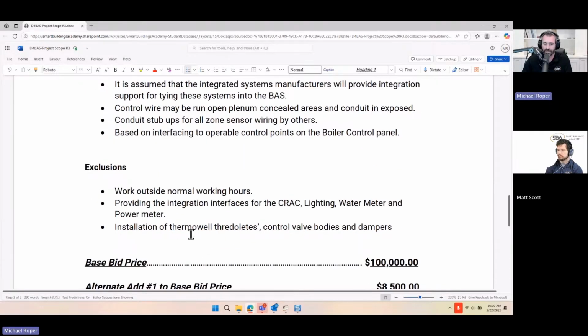And also just installation of mechanical devices. Obviously, we're going to work with the mechanical contractor. They're going to install this for us, but we just want to make sure they understand that they're going to do it, not us. So communication is key. Exactly. And we need to know that too, not just during the sales process, but post sale, so we don't double up on things.